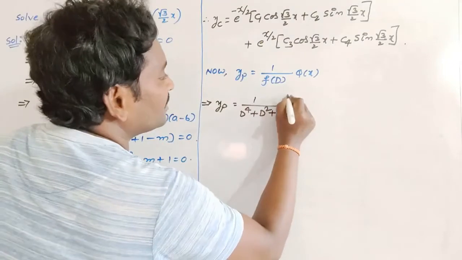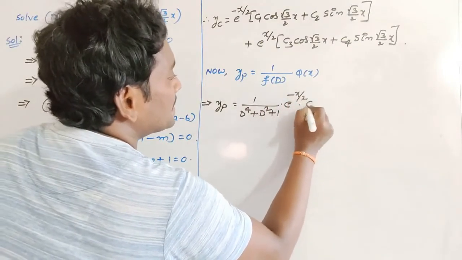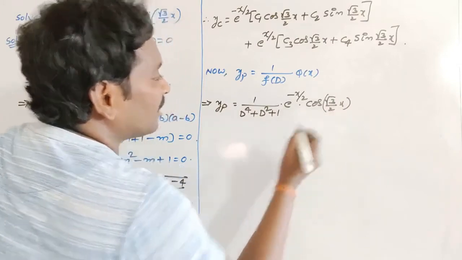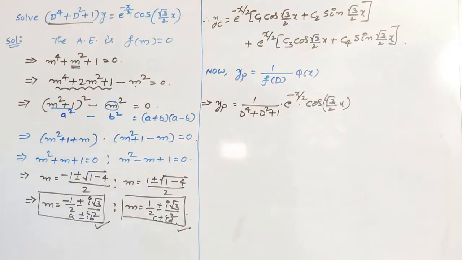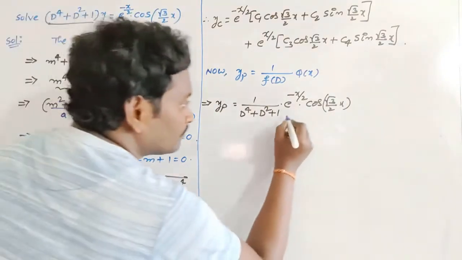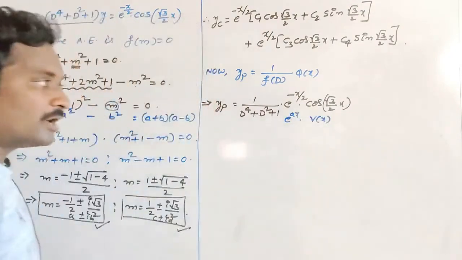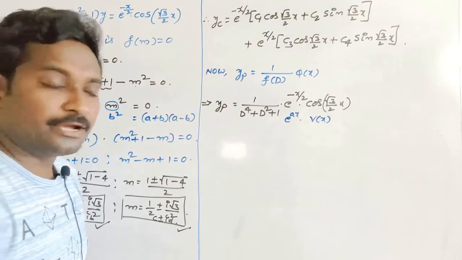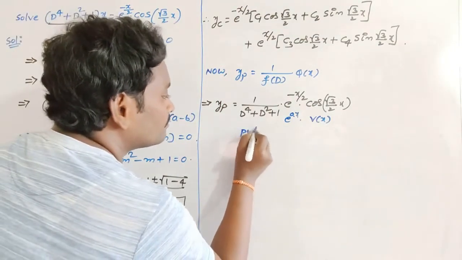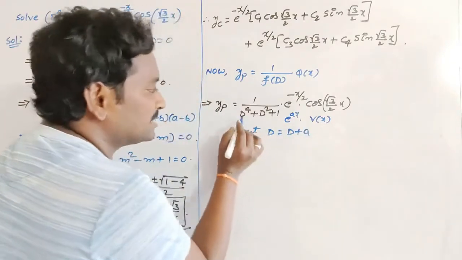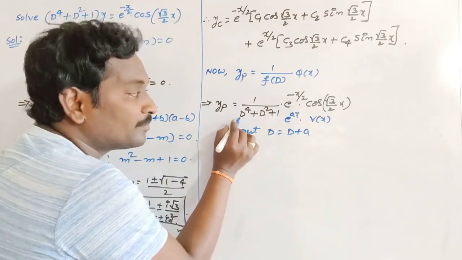It is in the form of e^(ax) into v(x). So what is the rule to eliminate capital D here? Put D = D + a in this polynomial f(D) in the denominator.